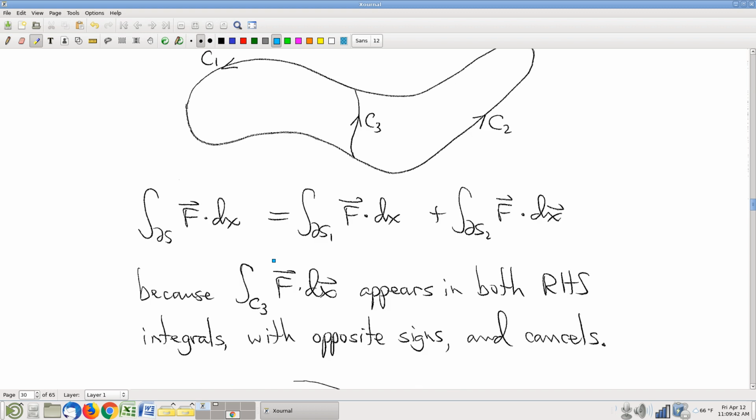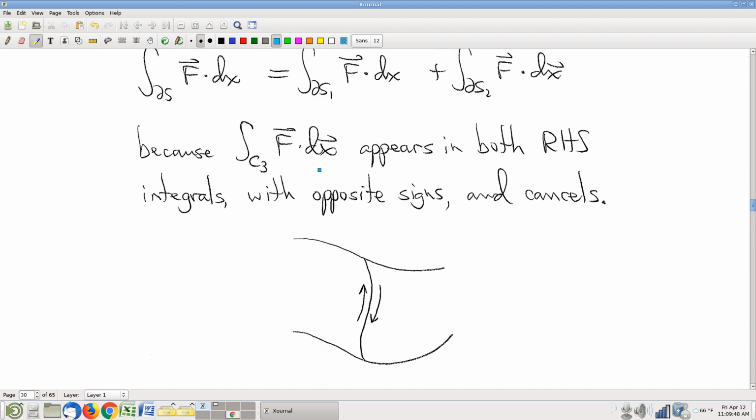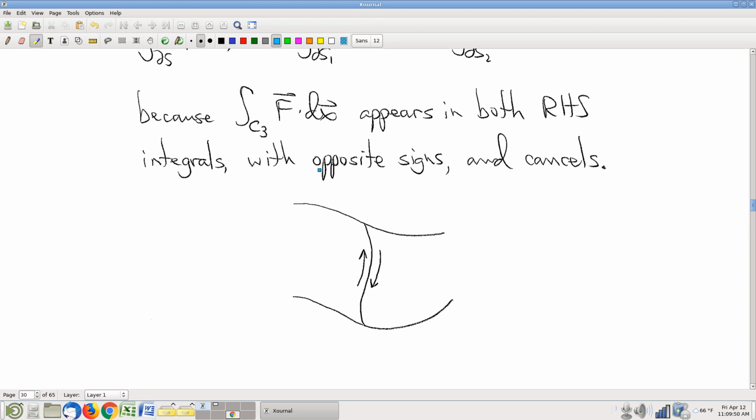You can write it down algebraically. The punchline is you get integrals over C3 in two different directions, and they cancel. Again, you can write it down algebraically, but the intuition that I think is easier to work with is the fact that you get the two opposite orientations on each appearance of this line integral.